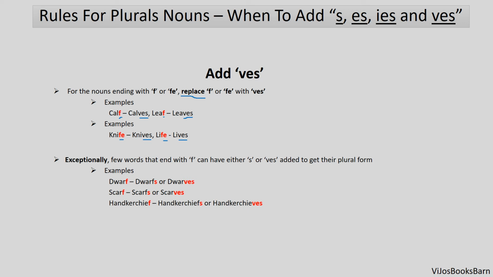Handkerchief can either have an S added to it or can have the F replaced with VES. So these are the exceptional words.